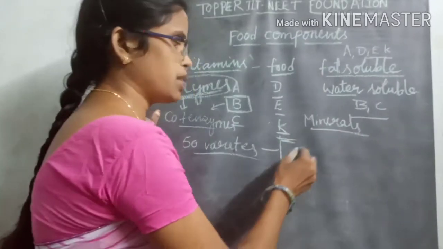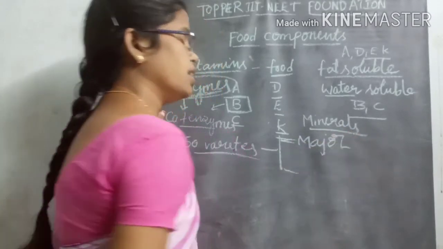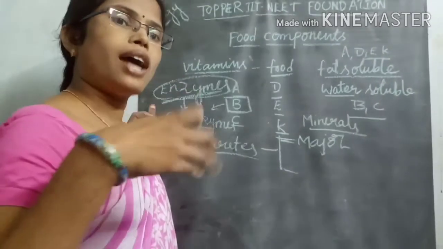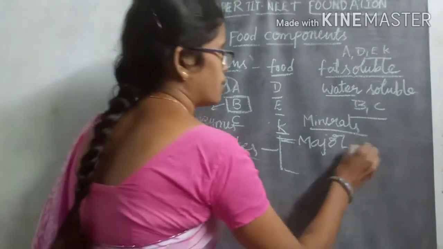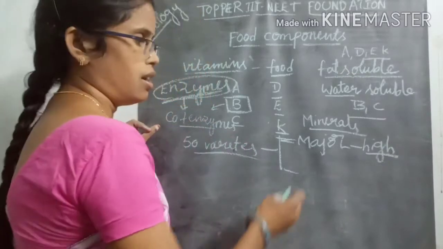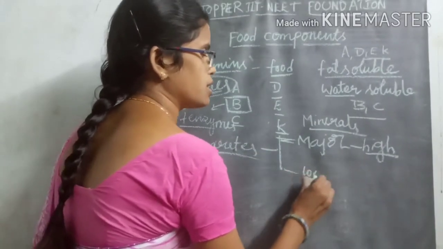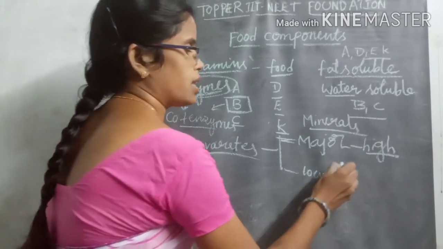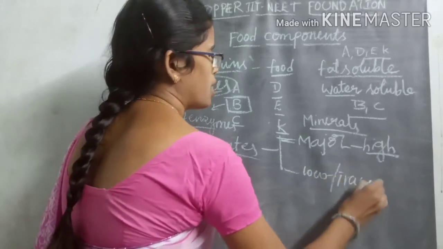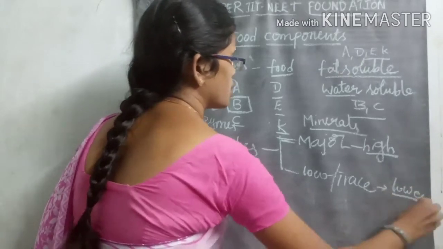Two different types are there. One is required by the body in high amounts, means the requirement of the body is high in nature. But for the lower minerals, means lower or trace elements, the body requires only lower amounts.